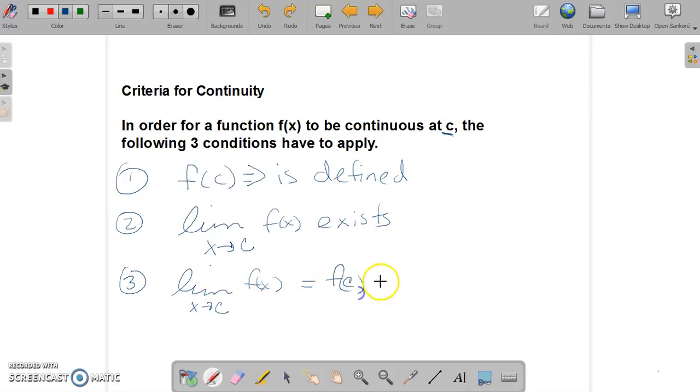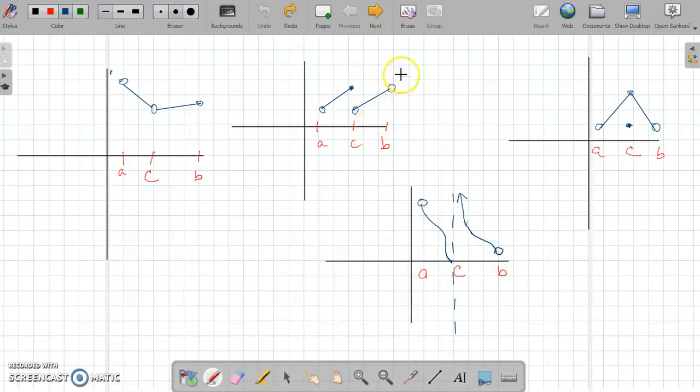So what it's saying is the limit has to actually equal the value at c. The limit at c has to equal the value at c in order for it to be continuous. And this will make sense. So I'm going to show you here on some graphs what I mean by that.